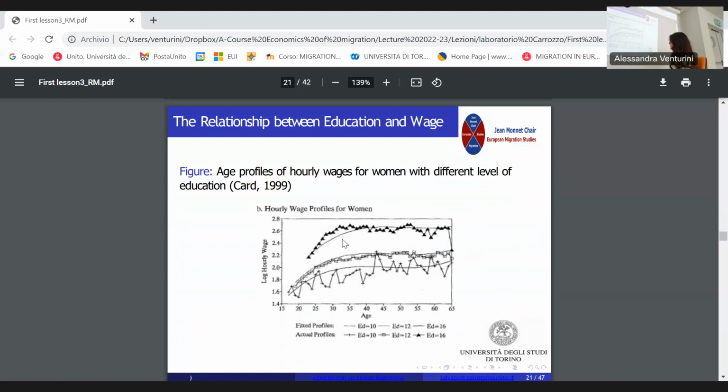The wage profile of people starts low and increases through life. But when you are close to retirement, the human capital that you accumulated on the job is declining, and so the wage does not increase anymore at the same speed.